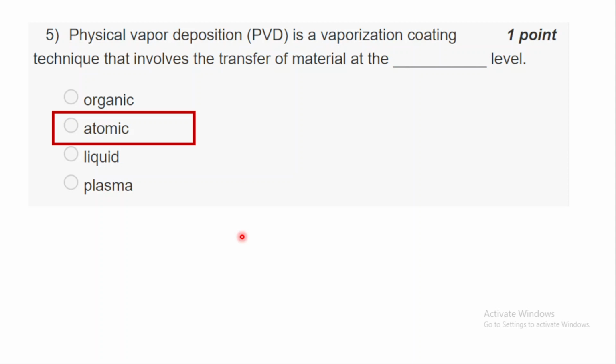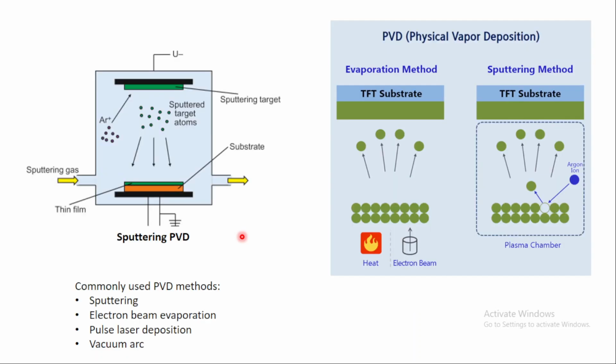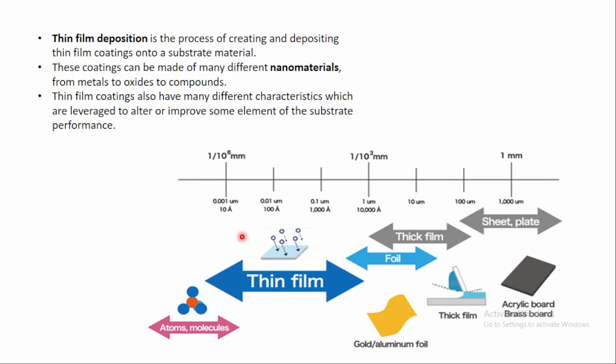It's not plasma. Let me take you back a few slides. In the earlier slide we discussed that PVD is used for thin film deposition, right? So PVD thin film falls in the range of atoms.